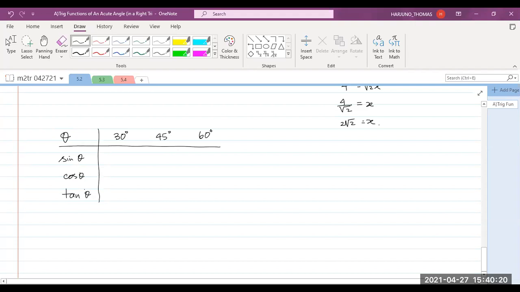By Thursday, you have to memorize this already. Sine 30 degrees is 1/2. Cosine of 30 degrees is radical 3 over 2. Tangent 30 degrees is 1 over radical 3, which is radical 3 over 3. Sine 45 degrees is 1 over radical 2, which is radical 2 over 2. Likewise for cosine. The tangent is 1.